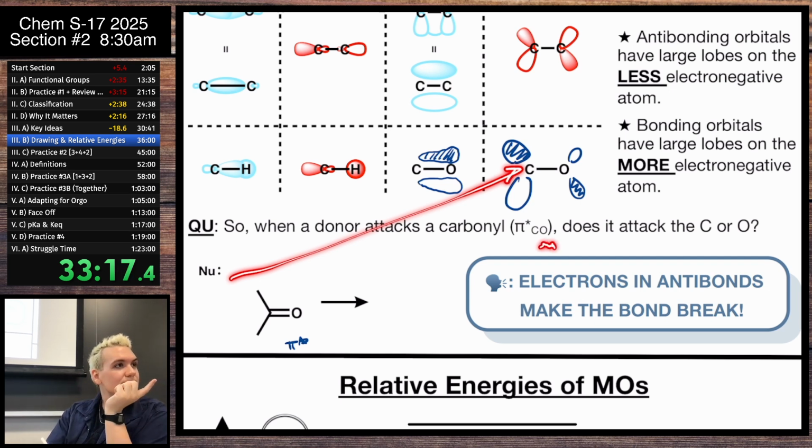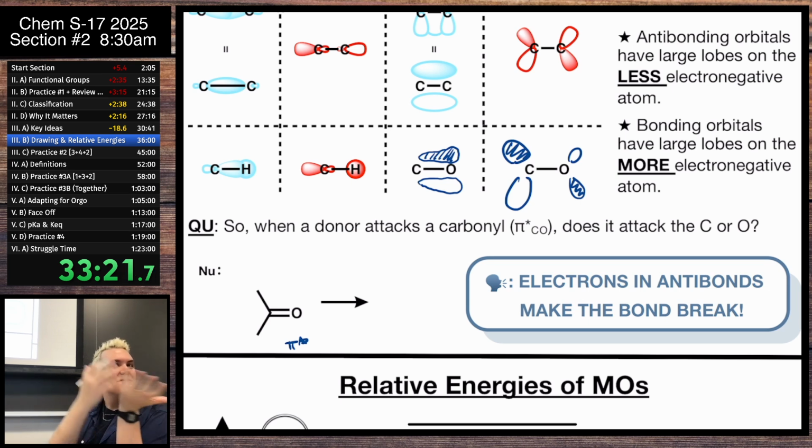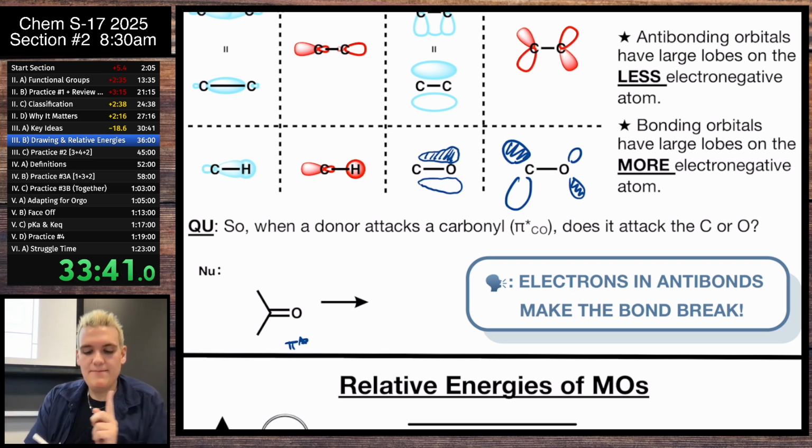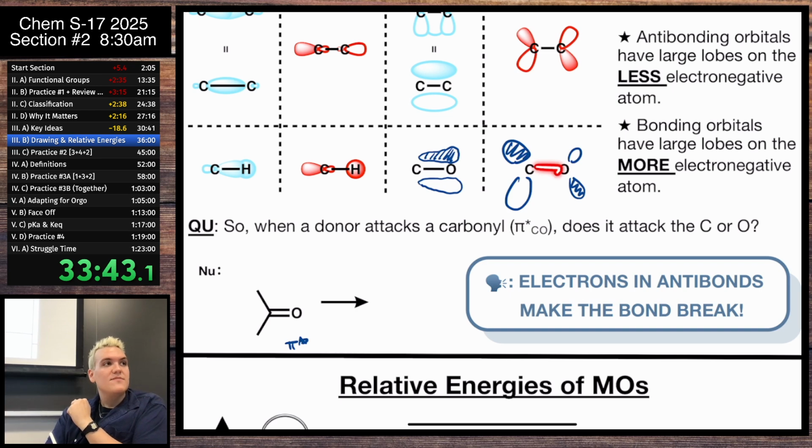That's one reason. Can anyone think of another reason why we would attack the carbon rather than the oxygen? Say again? Less energy. Yes? You're totally on the right track. Other thoughts? Because the pair of electrons is in the pi bond, we have to move to the oxygen, and we have to better stabilize the charge. Yes. Again, I think y'all are dancing around it. I was trying to get at, let's think about the polarity of this bond.